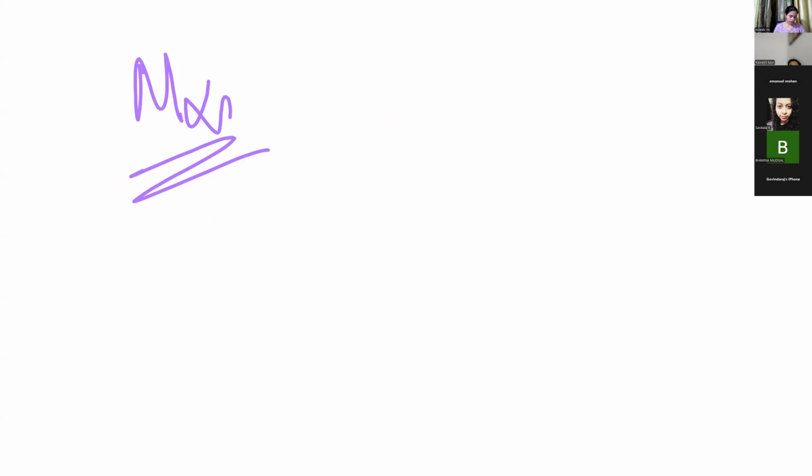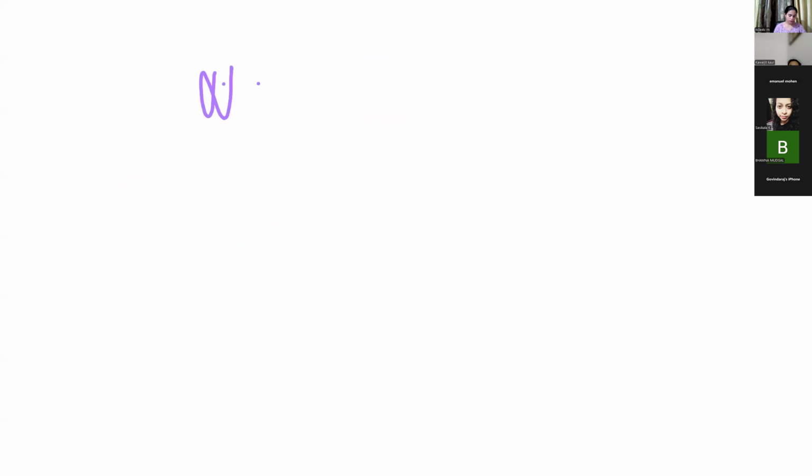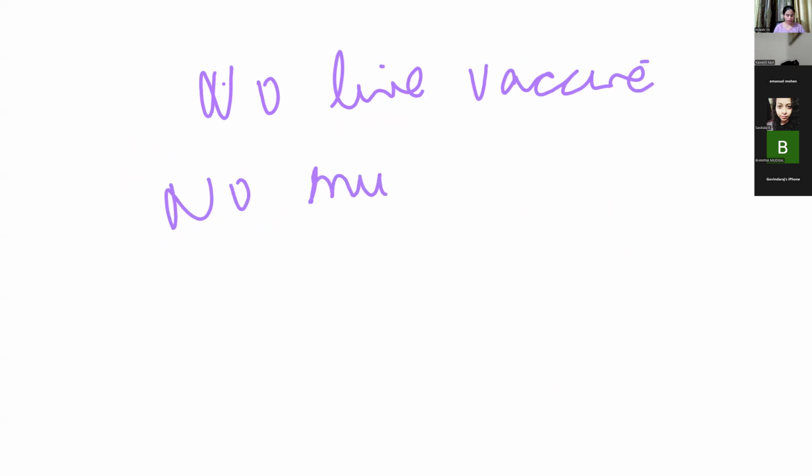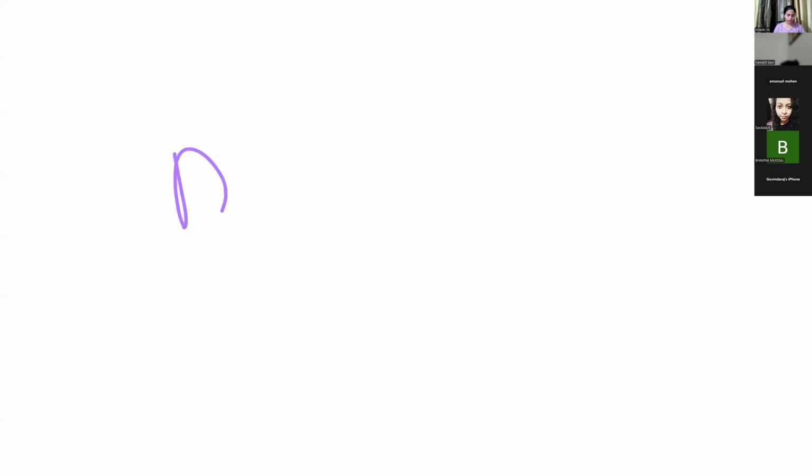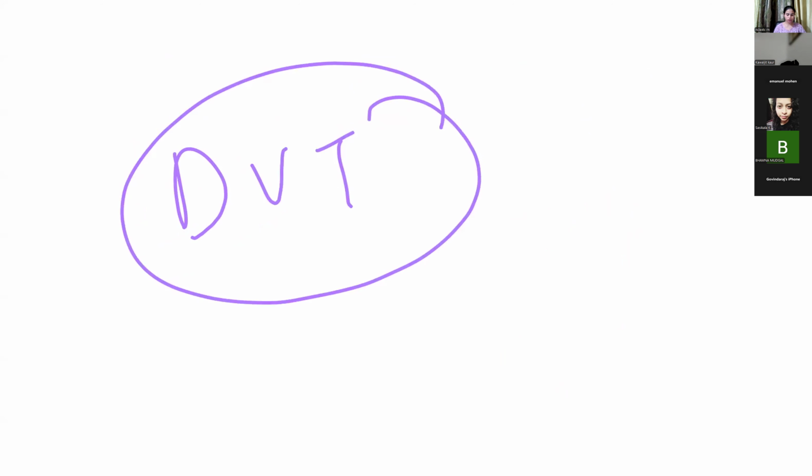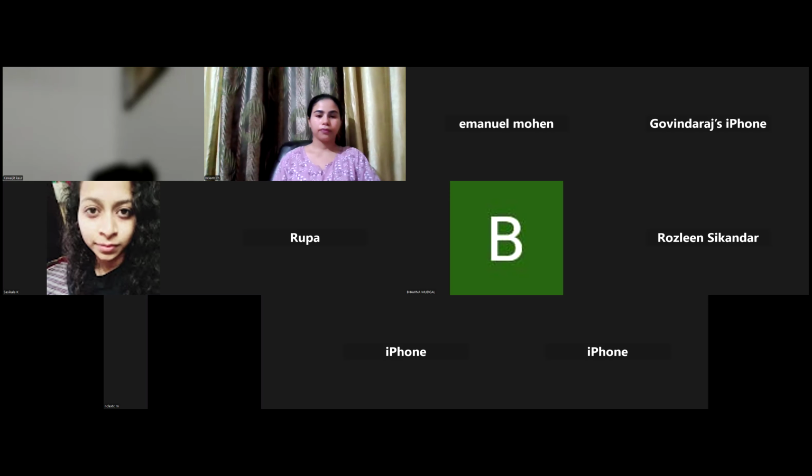No live vaccine, no muscle relaxant. There could be respiratory support, and a chance of DVT and blood flow problems. That is all about GBS. Thank you, ma'am.